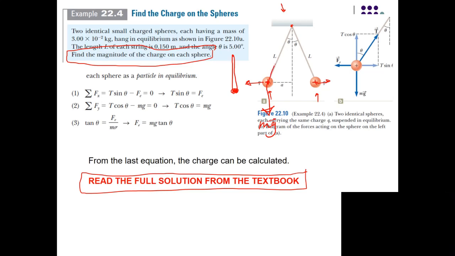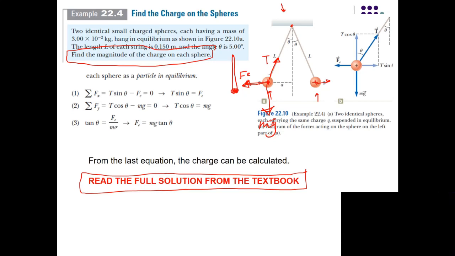You have a tension because you have a string. And you have the electrical force because the question says they are charged. This electrical force is Fe. Now, it's not important if this is tension, this electrical force, this mg. The important thing is there are three vectors, so we need to be able to deal with them.